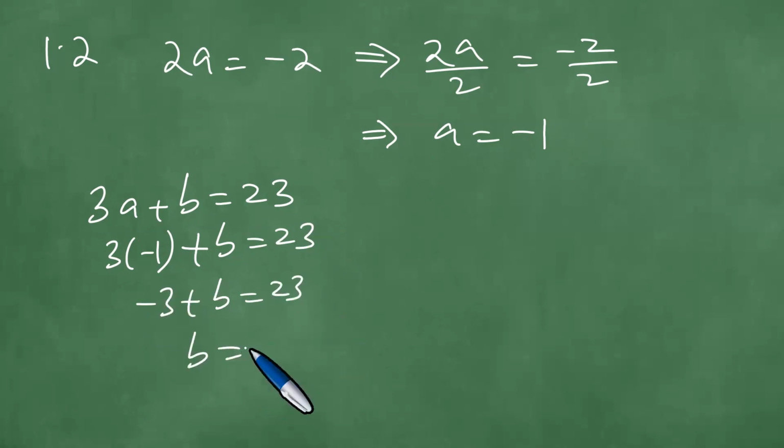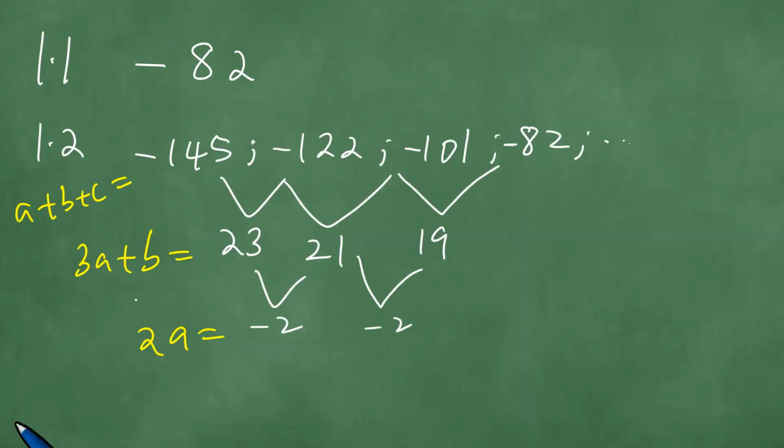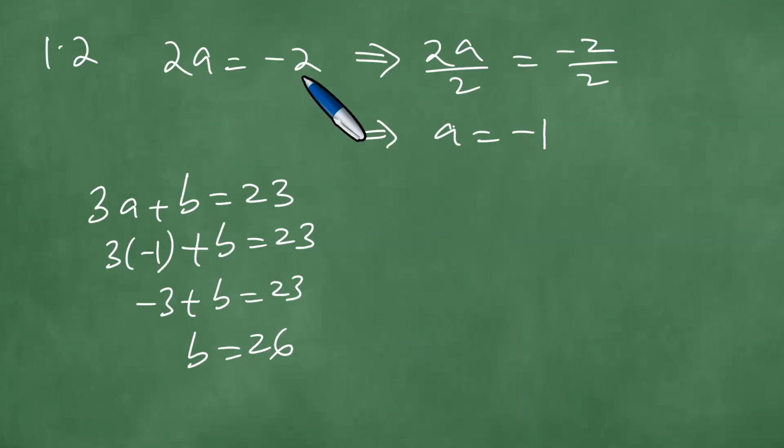You bring the 3 across to give us 26, so b equals 26. The 3a plus b equals 23 came from the first differences. We first used 2a equals minus 2, which produced the a.